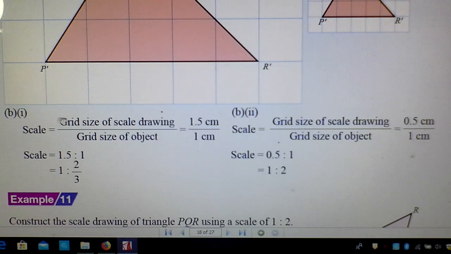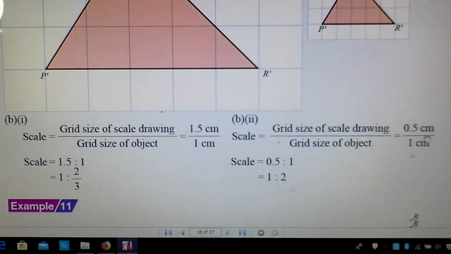So for the scale, we get the grid size of the scale drawing 1.5 divided by 1. So we have 1.5 to 1. So here 1.5 divided by 1.5, here also 1.5 divided by 1.5. That is equivalent to 1 to 2 over 3. Or use this one, also the same. 0.5 divided by 1, so you get 1 to 2.